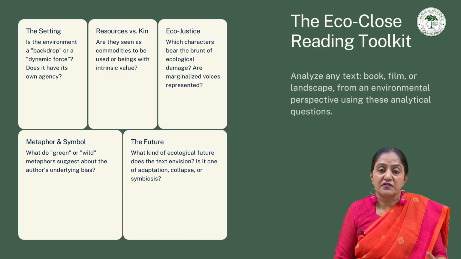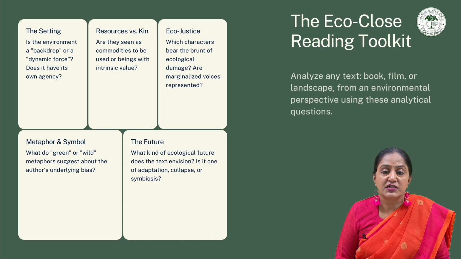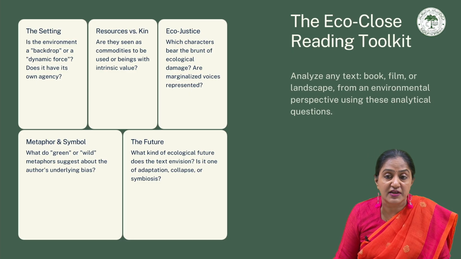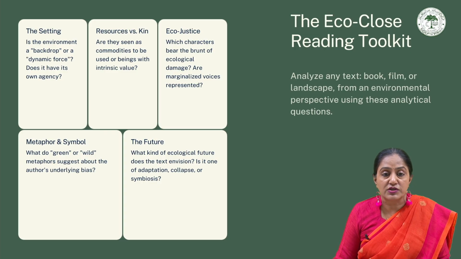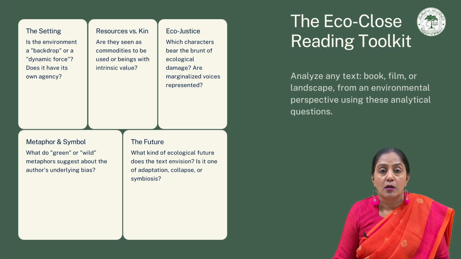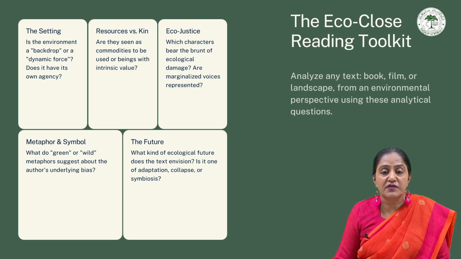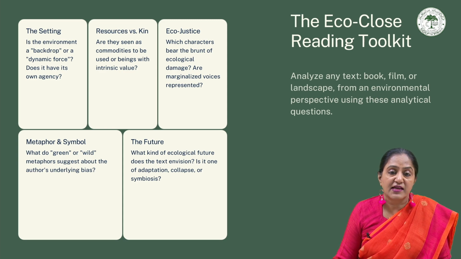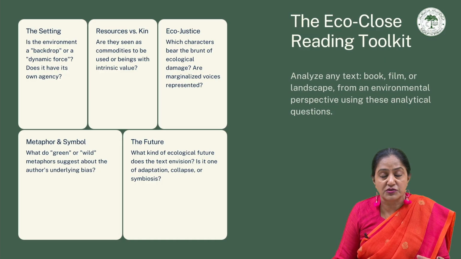This distinction reveals underlying environmental ethics. Many indigenous narratives describe animals, rivers, and mountains as relatives rather than resources. Modern industrial narratives often reduce nature to economic utility. By examining these representations, we uncover the values embedded within texts.